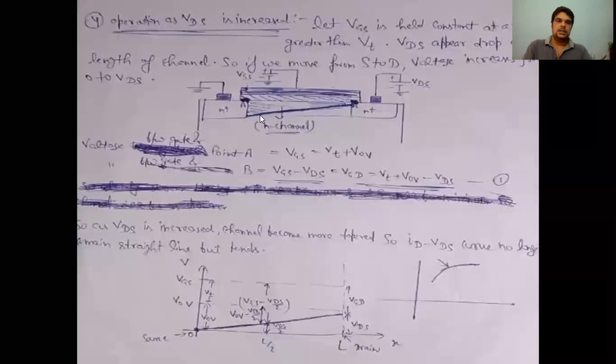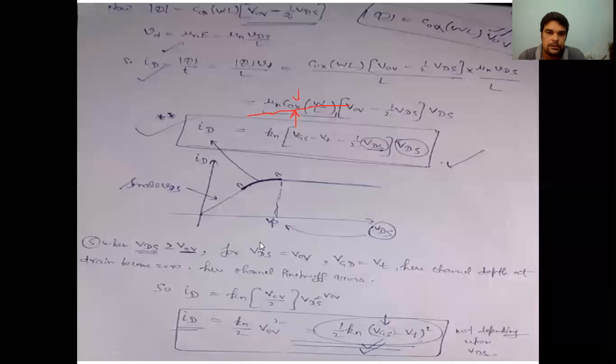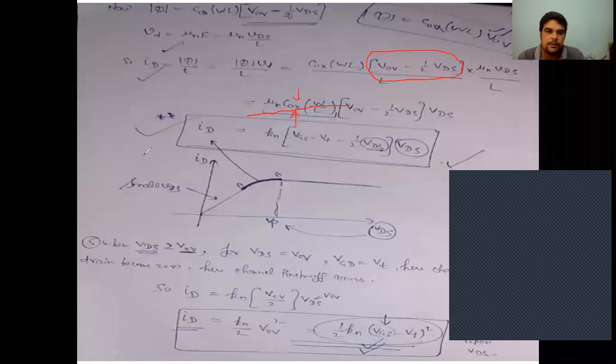Now, as we increase the value of VDS, as we have already discussed, the channel will look like this. The effective voltage will not be the overdrive voltage alone, but it will be the overdrive voltage minus half of VDS.